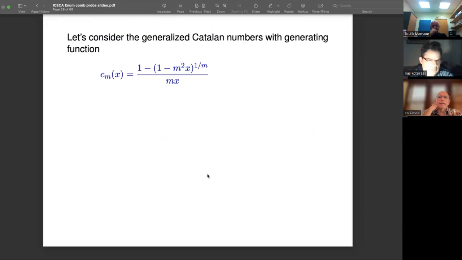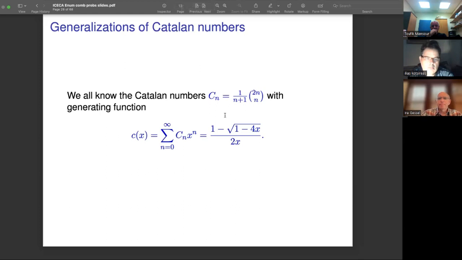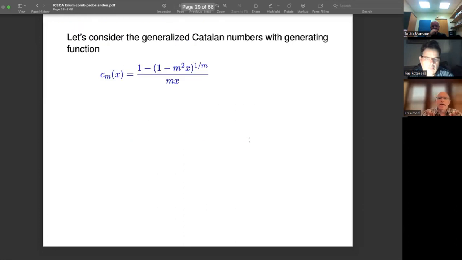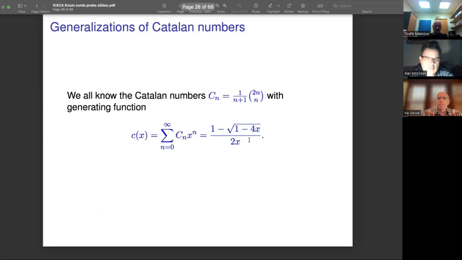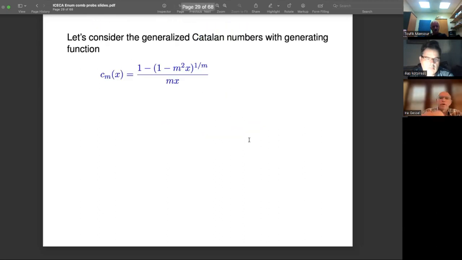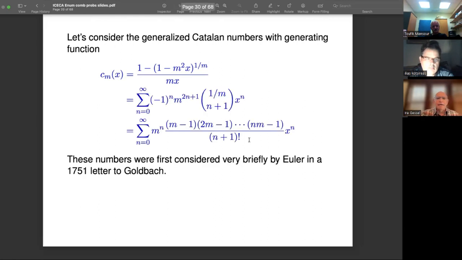So we'll take that 2 in the definition of the generating function for Catalan numbers. It appears twice as 2 squared and 2 in the denominator, and replace that with an integer m. Oh, it also appears in the square root. So we replace the 2 with m in 3 places, and we'll look at these generalized Catalan numbers.